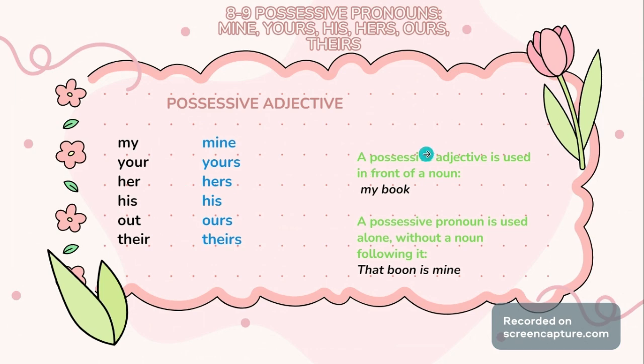A possessive adjective is used in front of a noun. Example, my book is a possessive adjective. A possessive pronoun is used alone without a noun following it. That book is mine. I'm so sorry, it's a mistake.